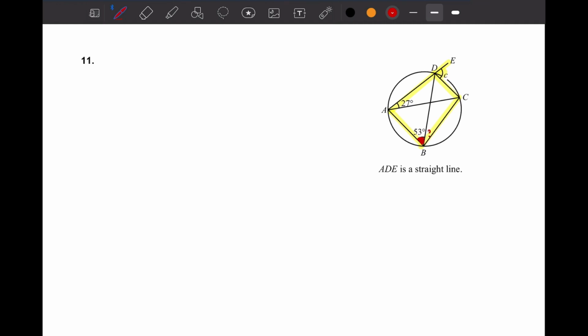We do not know what our angle DBC is, but we have this angle ADC here. So let's look at this. How is it going to help you to find it? Remember this shape here. So we know that our angle CBD is equal to our angle CAD. And the reason is angles in the same segment. So again, things from your chapter 11.